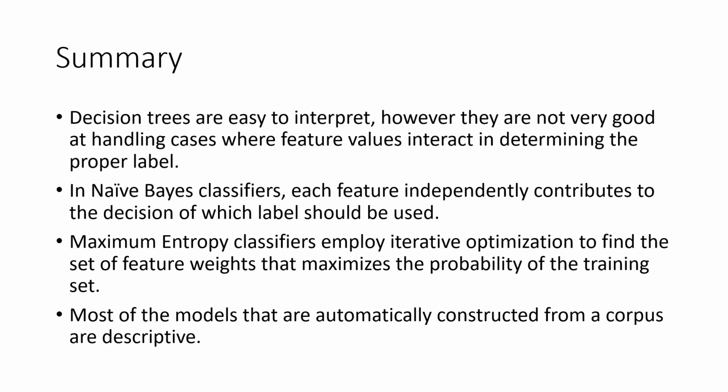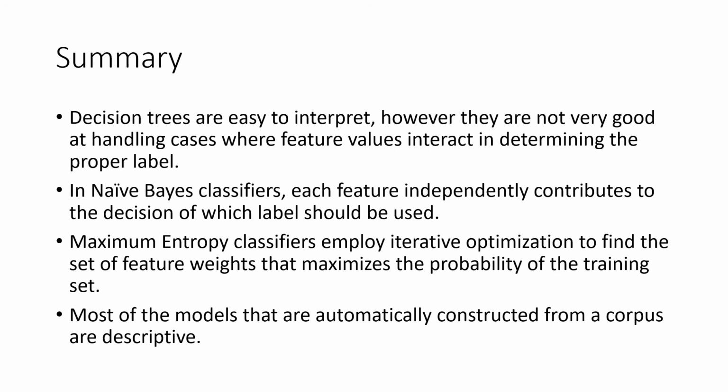Decision trees are automatically constructed tree-structured flowcharts that are used to assign labels to input values based on their features. Although they are easy to interpret, they're not very good at handling cases where feature values interact in determining the proper label. In Naive Bayes classifiers, each feature independently contributes to the decision of which label should be used.